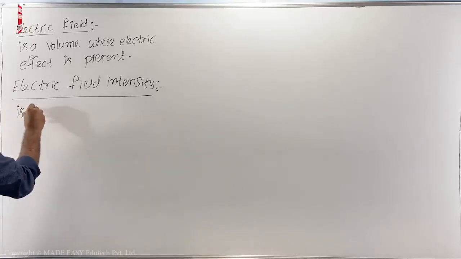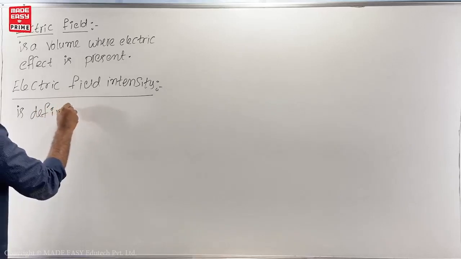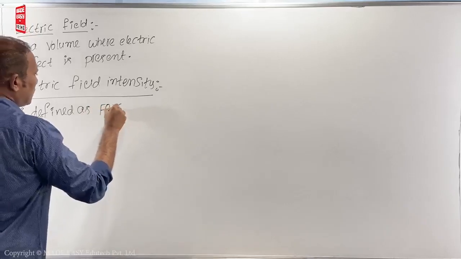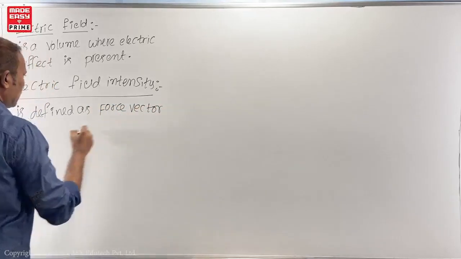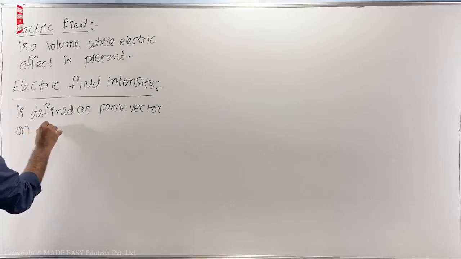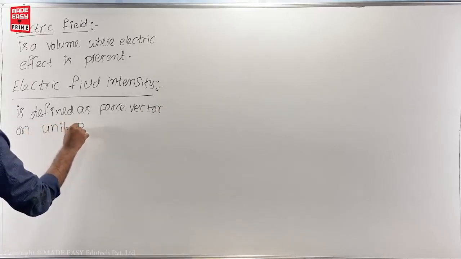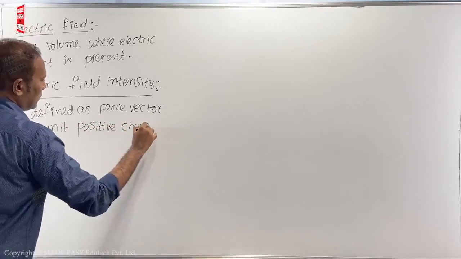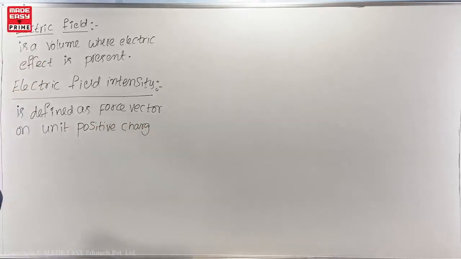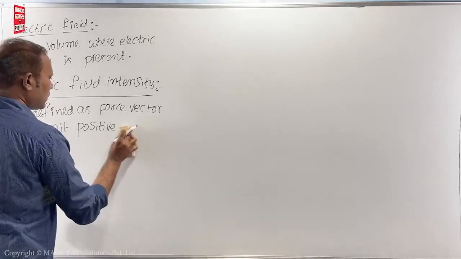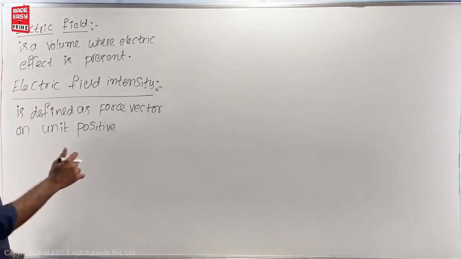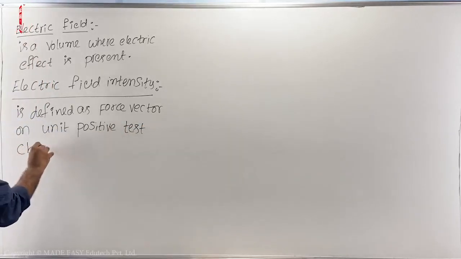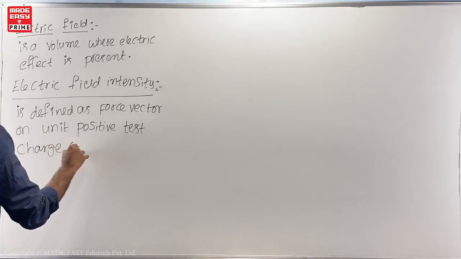Electric field intensity is defined as force vector on unit positive test charge. That means this unit positive charge is kept for testing purposes. Unit positive test charge. Actually, that is a 1 coulomb charge.